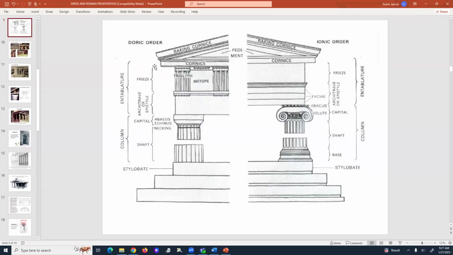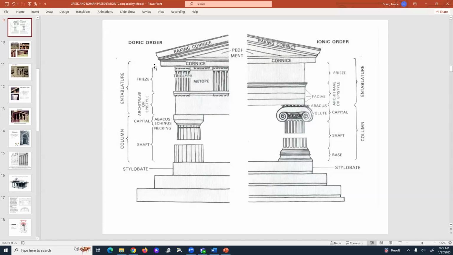And this right here represents the breakdown of all of the different pieces of this building, or really the Greek buildings. We're going to talk about the columns as we move forward, but you can see that on the left side is the Doric order, it's called.